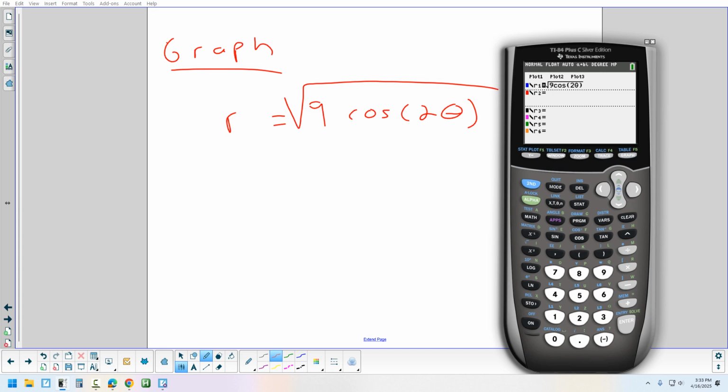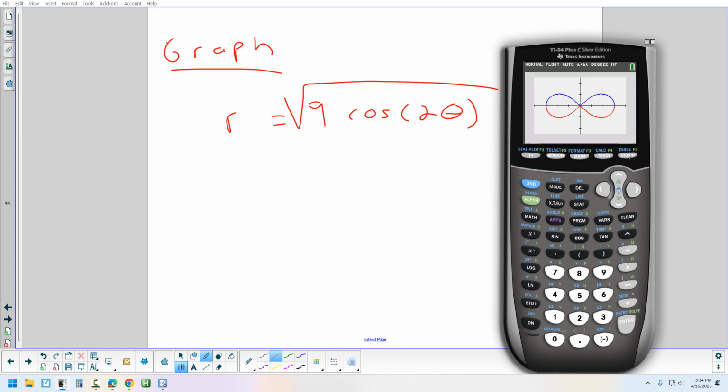Negative square root of 9 cosine 2 theta. With the negative, that gives us the full picture.